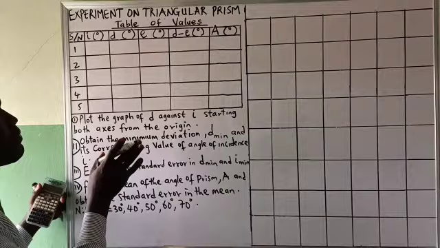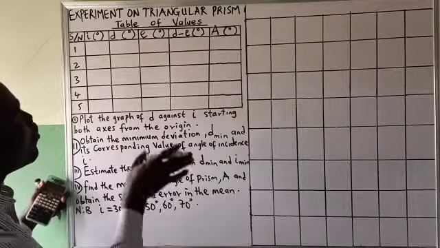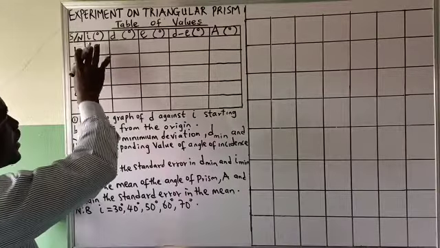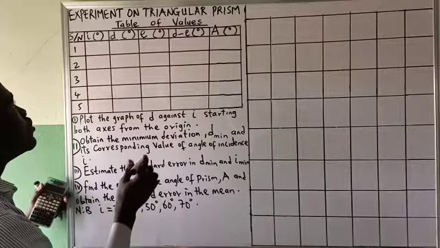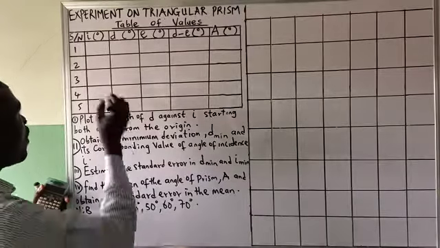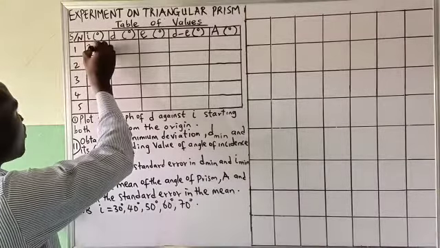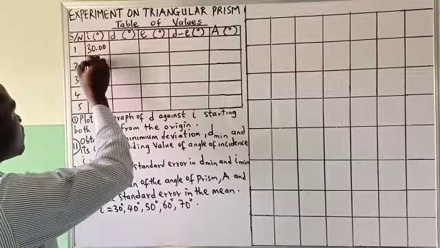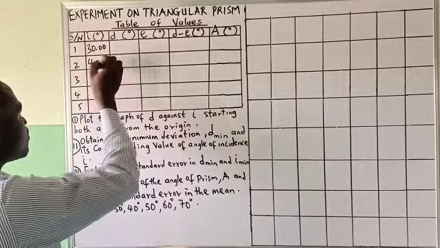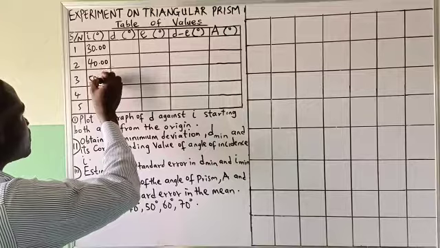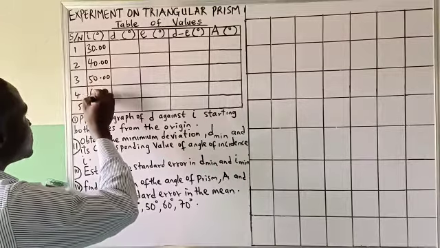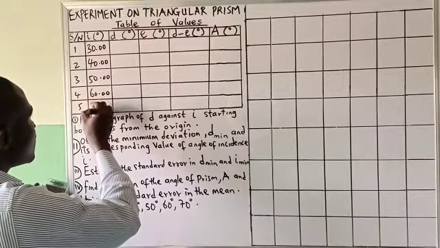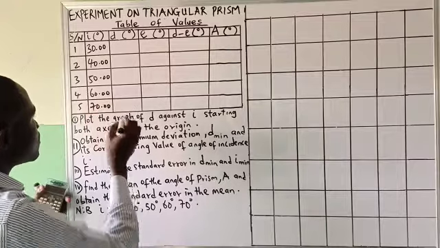The incident angles given to us are 30.00 degrees, 40.00 degrees, 50.00 degrees, 60.00 degrees, and 70.00 degrees.